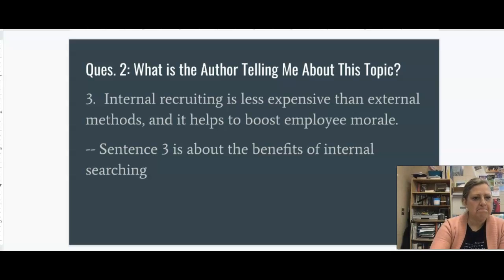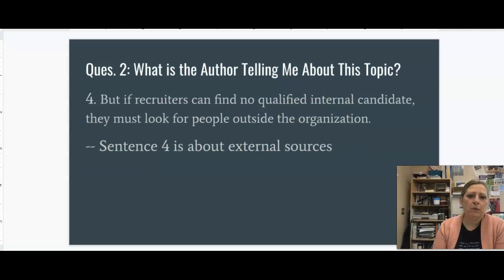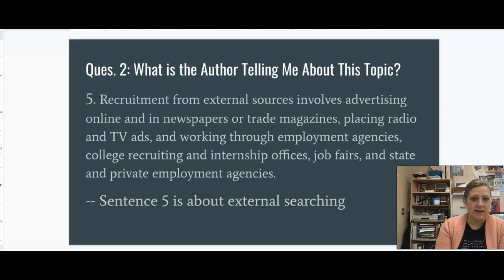Okay. The next one, but if recruiters can find no qualified internal candidate, they must look for people outside the organization. Okay, here's that transition sentence to talk about external sources, people coming in from outside of the company. The next 5, it talks about external searching.